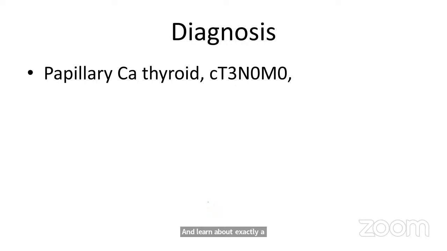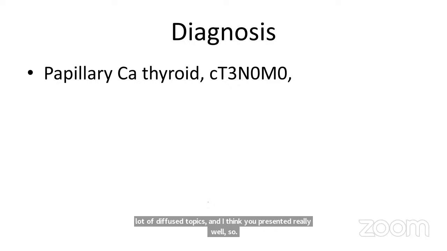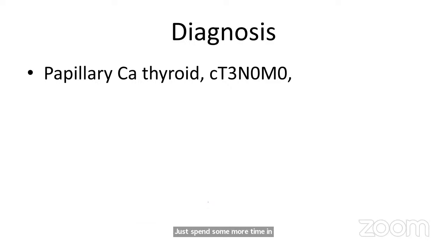And thyroid is always about the post-op. There is no pre-op questioning in thyroid. Do you understand? It's all about the post-op, intra-op questions. So I think we covered a lot of diverse topics, and I think you presented really well. Just spend some more time on it. Please read Randolph's book about examination and all of those things.